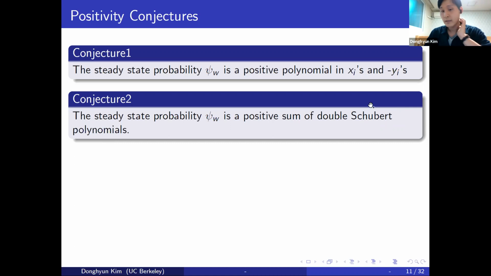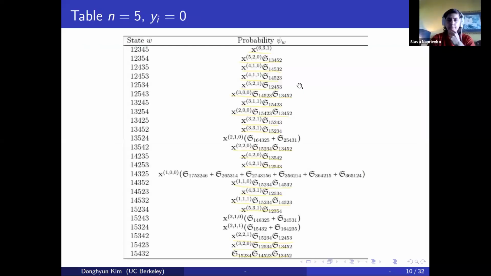So yeah, you're right. This statement is a slight lie. Yeah. Okay, thank you. And even for the product of double Schubert polynomials, it is not obvious to expand them in terms of double Schubert polynomials.